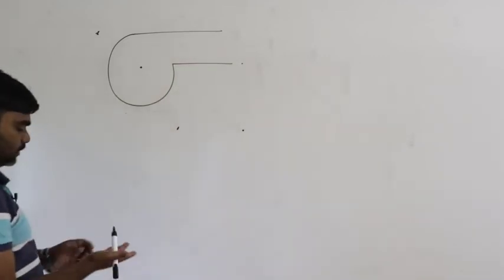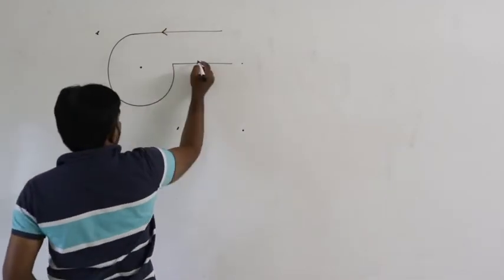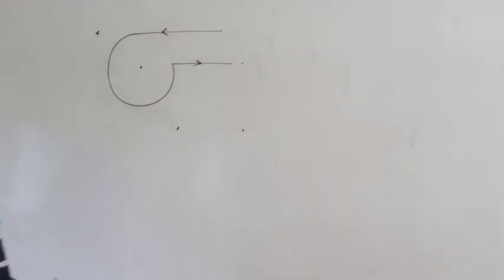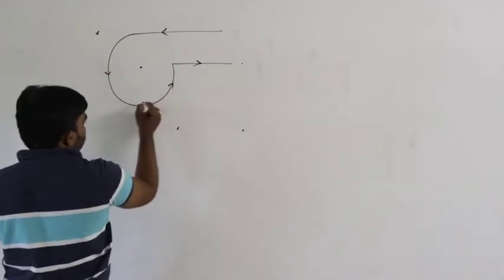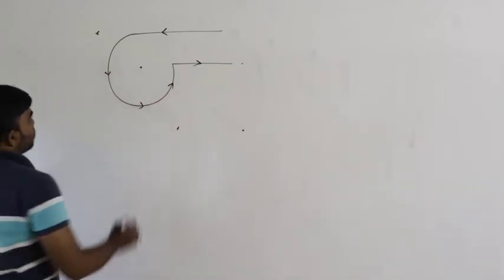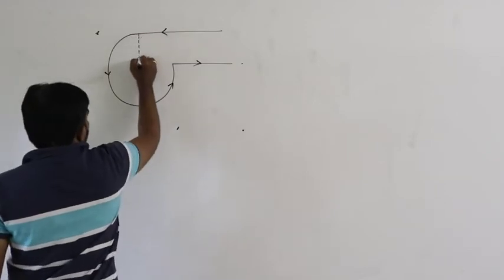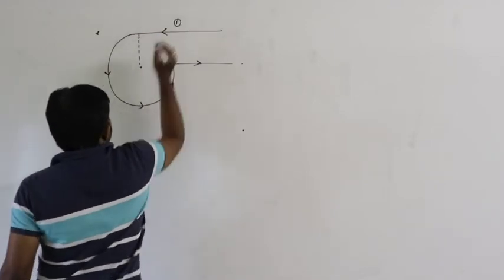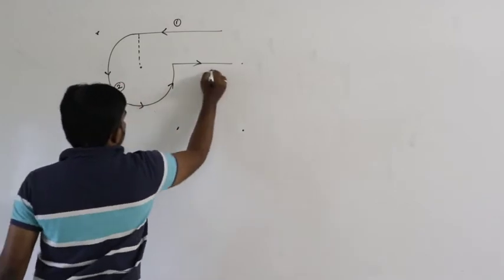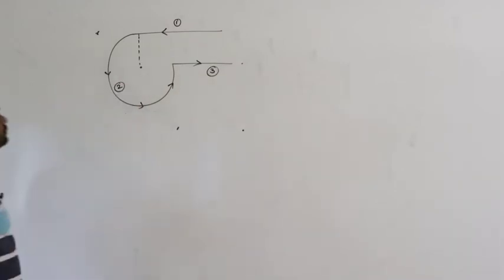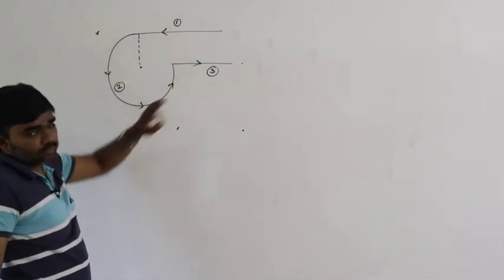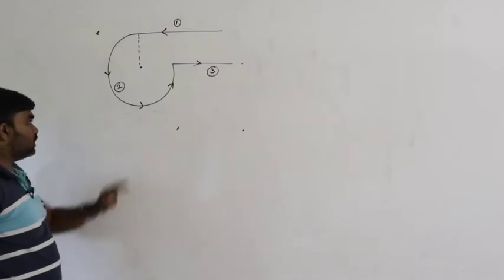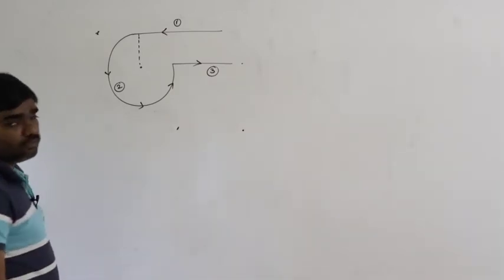This is the shape of the conductor, like this, a circular current carrying conductor. Here this is the first one, this is the second one, and this is the third one. We have three conditions here. For these three conditions, what is the magnetic field we have to calculate?